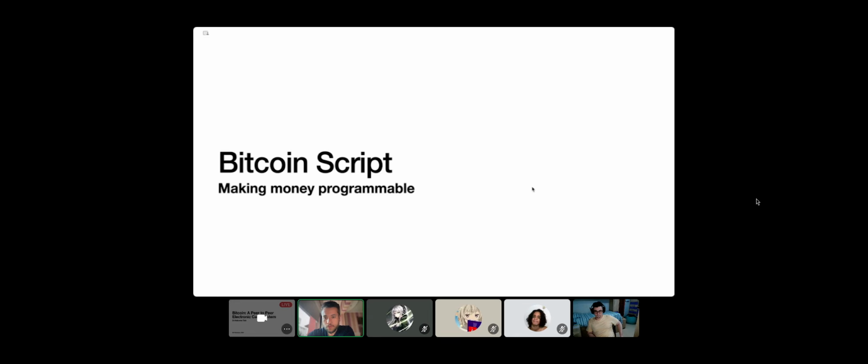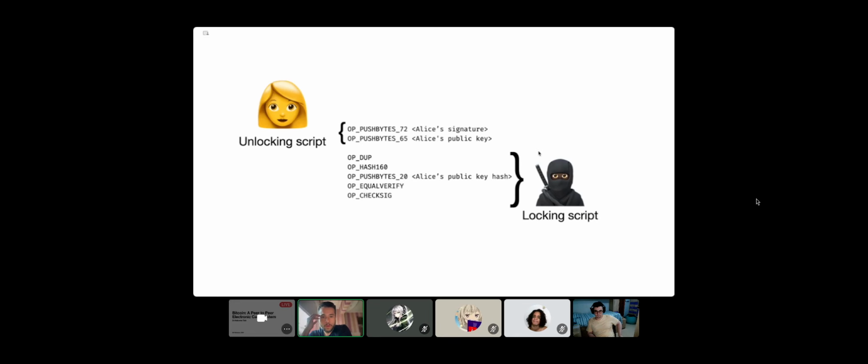We also talked about scripts. And the important thing here is to understand there is a locking script that someone puts in the output of transactions. And this locking script defines who's the owner of the value defined by that output, right?